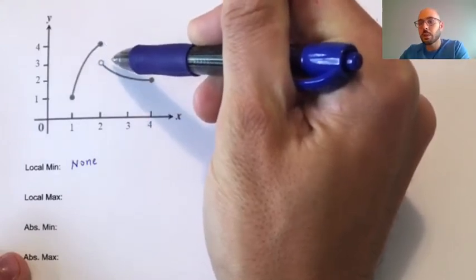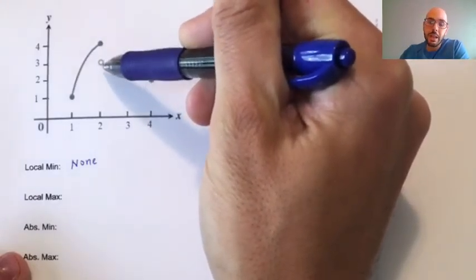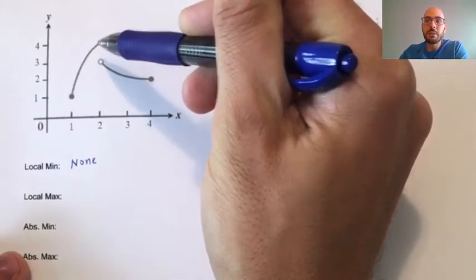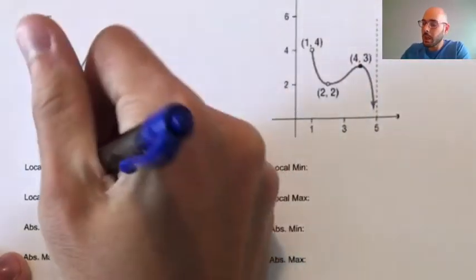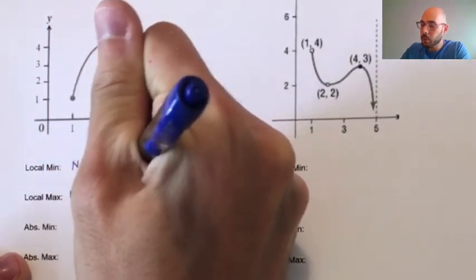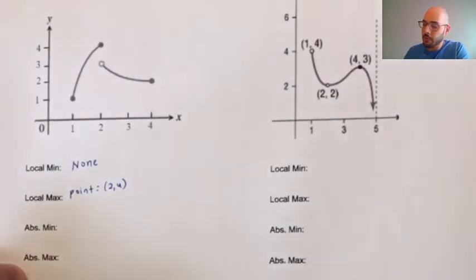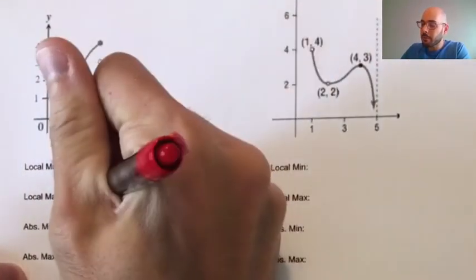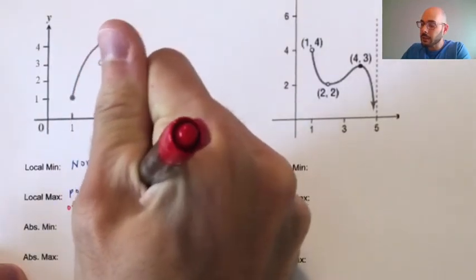And then as I move to the right, there is a jump, but still everything that's to the right of it is also lower. So it is higher than everything else nearby. So we do have a local maximum at the point (2, 4). And of course, we could also write that as a local maximum of 4 at x equals 2.